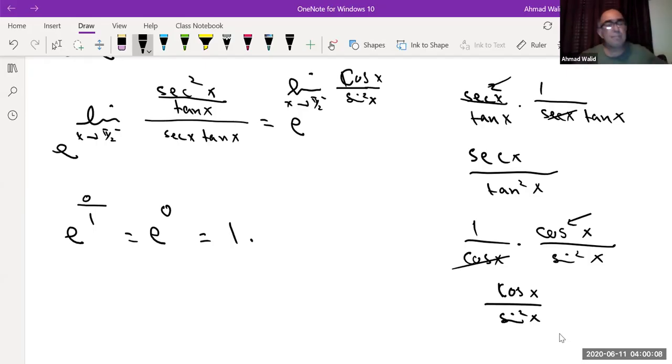I did 2 examples, and by chance, in both examples the answer is 1. Don't think that in all the problems you end up with 1. If I see the power, immediately I'll write the answer 1? No, the answer could be different, correct? By chance, in these 2 examples, both answers become 1.